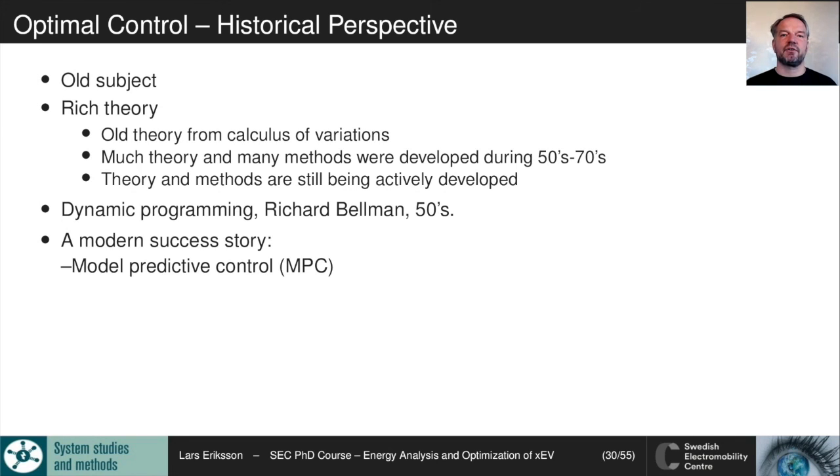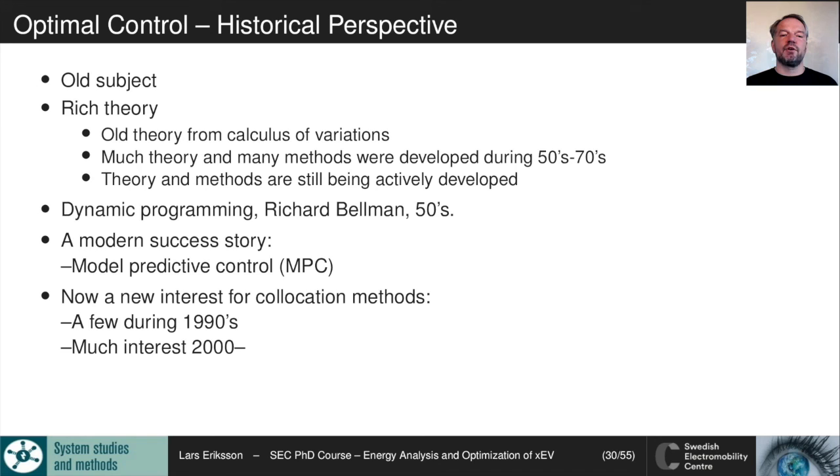A modern success story that builds on the theory here, in terms of the problem formulations and the numerics, is model predictive control. In the predictive step, where you are predicting where you would like to end up and the control signals you need, that relies upon optimal control theory.